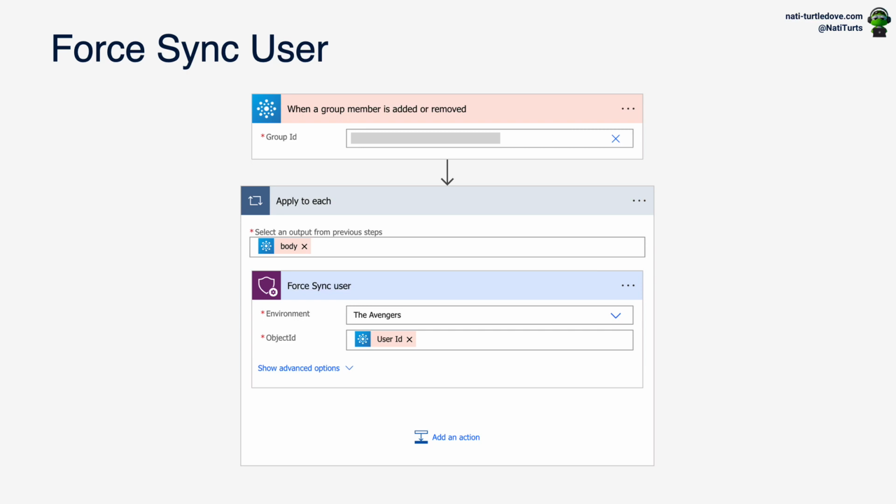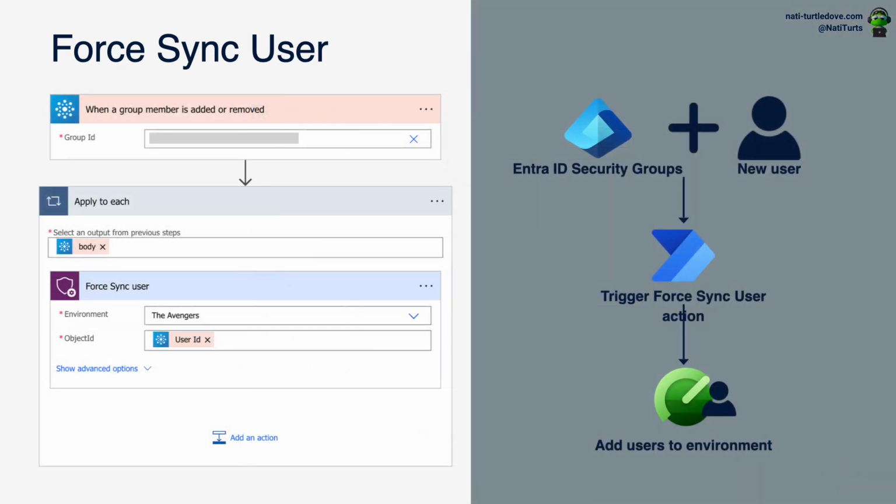So what this flow basically does, and we'll look at how it's going to work with this slide, is when we add a new user to our Entra ID security group, i.e. to our developer security group, this will then trigger a flow using the trigger when a group member is added or removed from that group object ID that we'll copy and paste. And then we'll open up the Power Platform for Admins action for sync user.